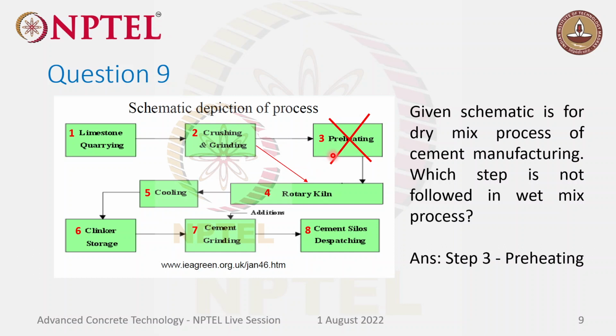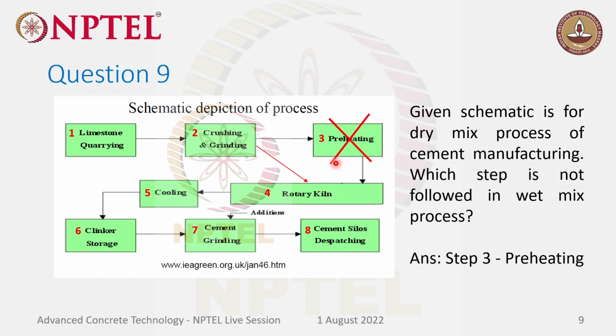Also the wet mix raw material will have more moisture content, so preheating will not be beneficial. But the main thing is the wet mix cement manufacturing units are very old, where the preheater is not there. That's why preheating is not followed in the wet mixing process.